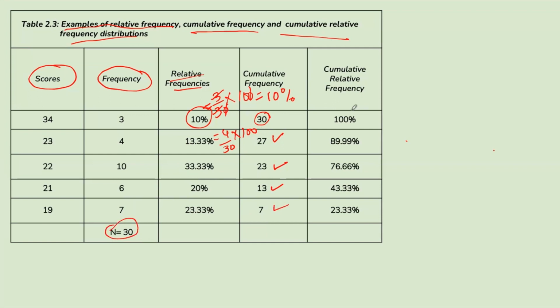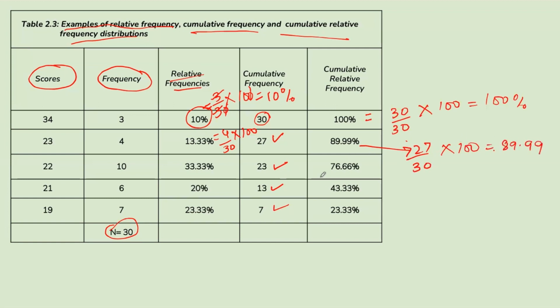Now, how do you calculate the cumulative relative frequency? This is the cumulative frequency divided by the total into 100. So 30 divided by 30 into 100, and you will get 100%. Similarly, how do you get 89.99%? That will be 27 divided by 30 into 100, that is 89.99%.